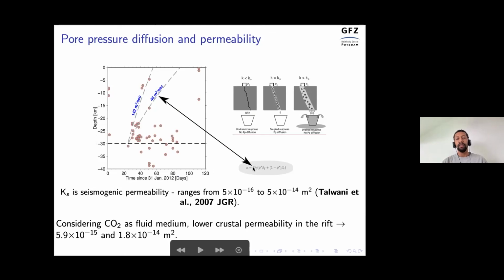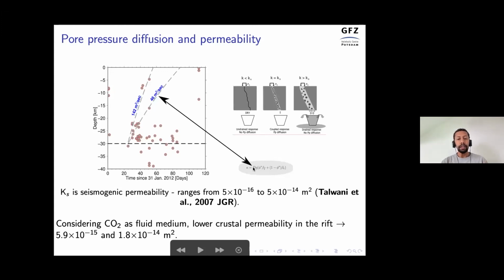The permeability we calculated falls within the range of seismogenic permeability. So obviously the migration of fluid, or the pore pressure diffusion, can induce earthquakes in the lower crust.